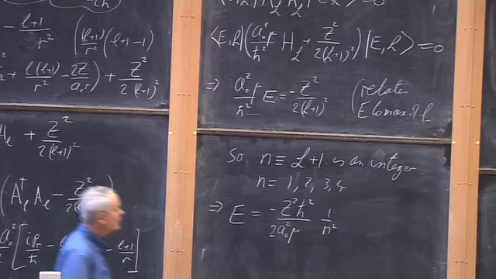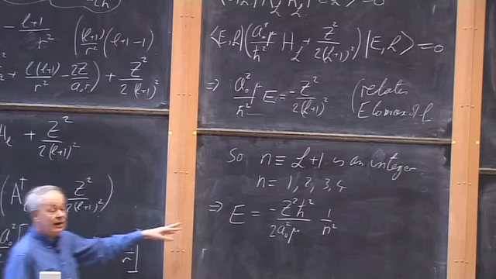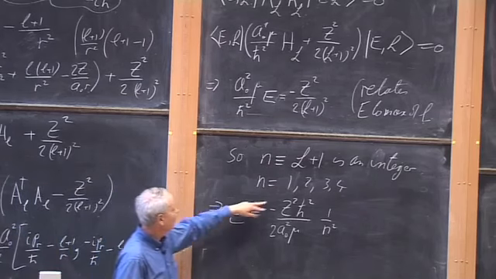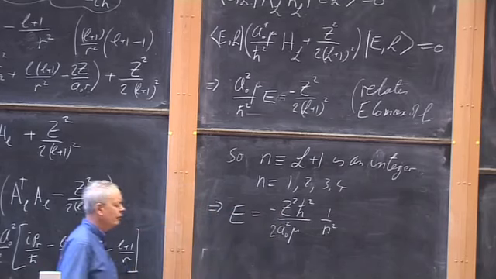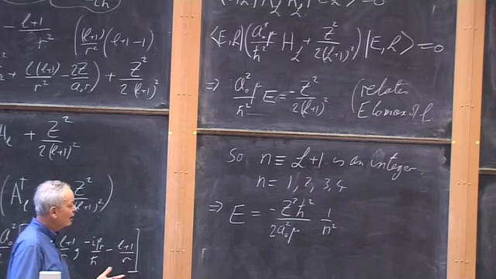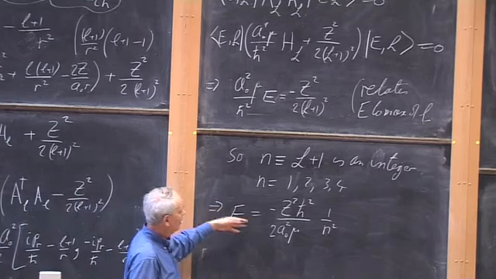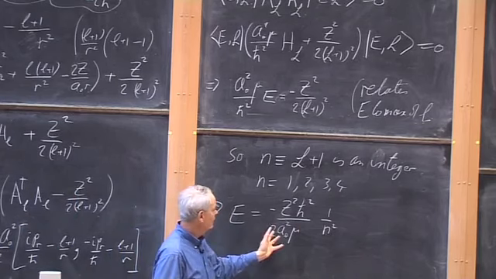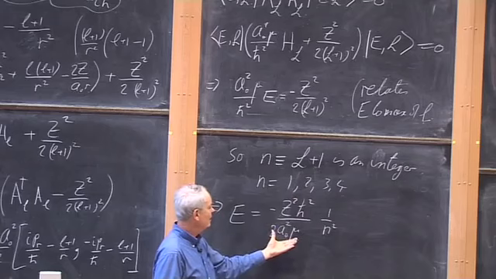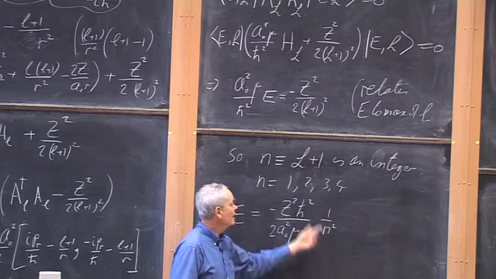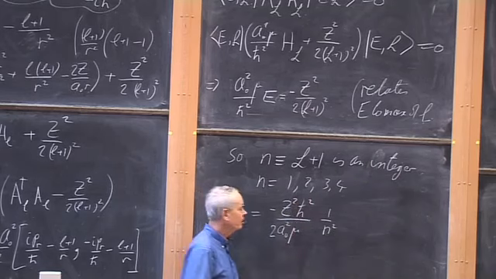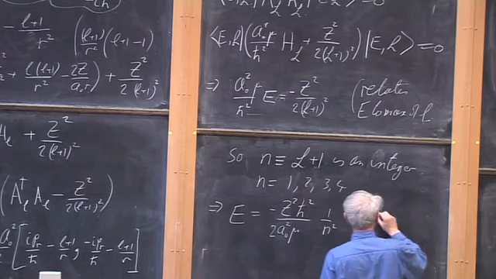So we have found the possible energies of a hydrogen atom. Well, in fact, for a hydrogen-like ion, because Z, remember, is this integer which controls the number of charge units on the nucleus. It's given by this constant, which we know what it is, and we'll simplify it in a moment, times 1 over n squared, where n is 1, 2, 3, 4. So this gives the energy levels.